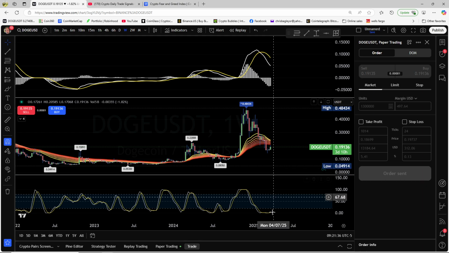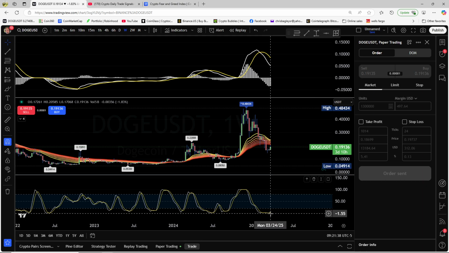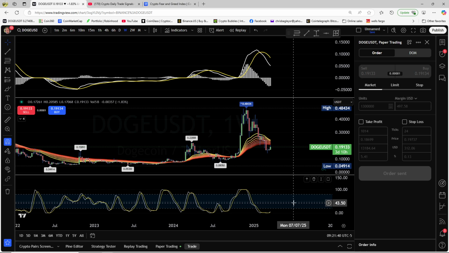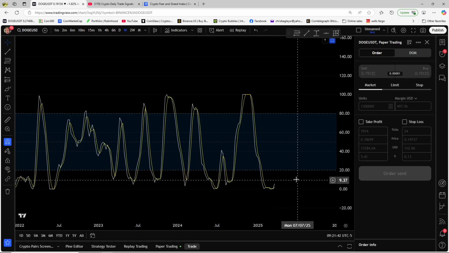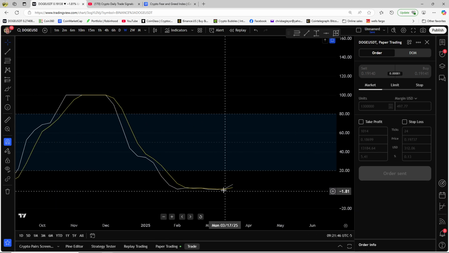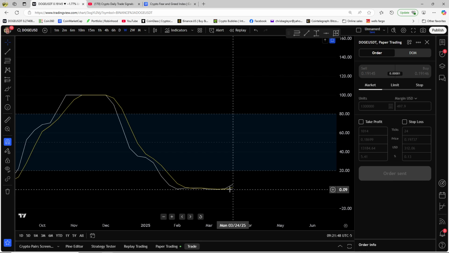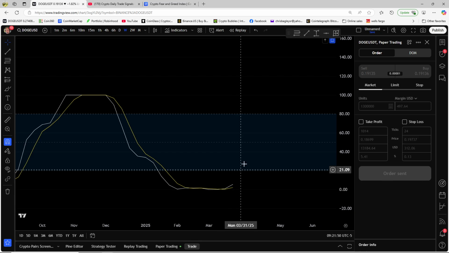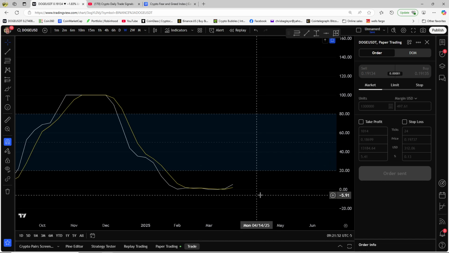Okay. As you can see, this white line has come above the yellow down here. Let me expand this so you can see it better. That white line has come back above the yellow. Okay, it needs to get back into this box.